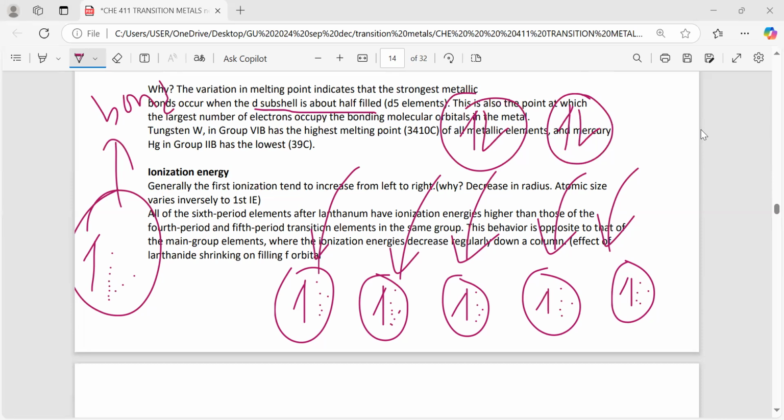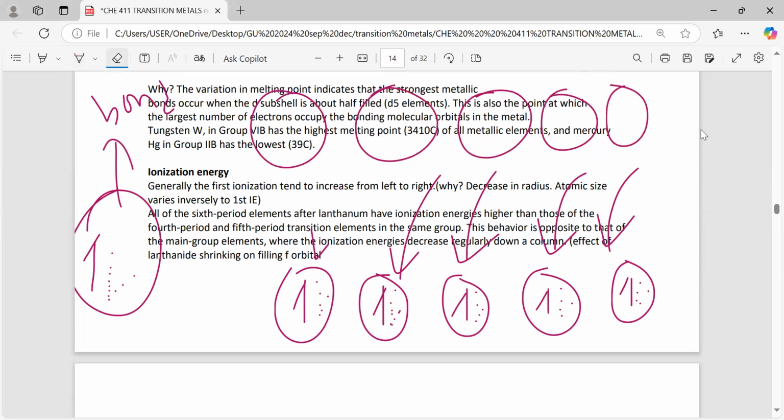So assume a case where you have 1, 2, 3, 4, 5. If you have 5 like that, then they are filled partially, not D5, maybe D6.